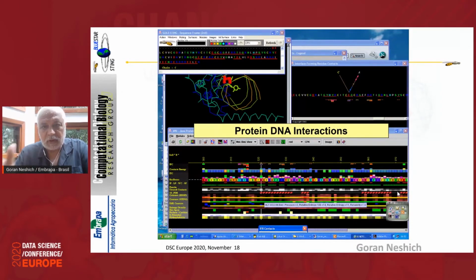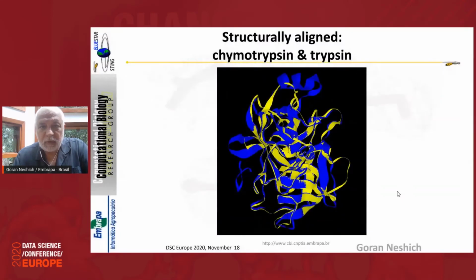And then the presentation in STING report is very rich. I'm not going to go into details, but what is important, like in this case, protein-DNA interactions, we can see the contacts between protein and DNA. And that's very important in controlling gene expression and so on. So we are looking at the really molecular and atomic level of interactions between these macromolecules.